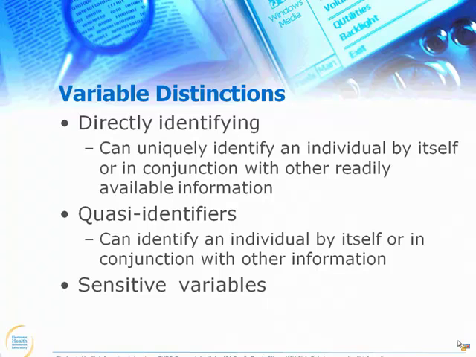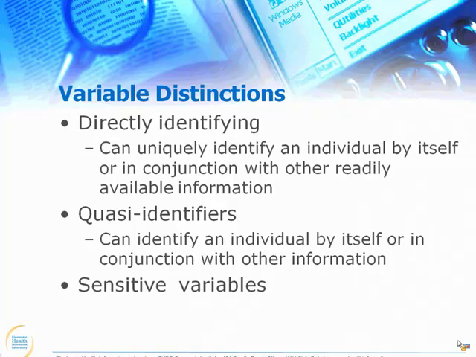Quasi-identifiers are indirectly identifying variables. Generally, it requires more effort and time to re-identify individuals using quasi-identifiers, and they include things like dates of birth and postal codes. And then you have the sensitive variables, which are really not used for re-identification. Just a couple of things to keep in mind about this classification.